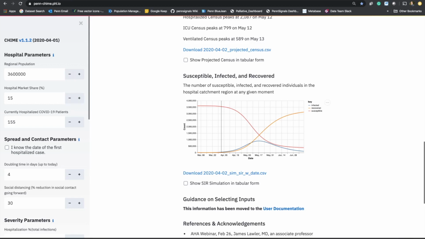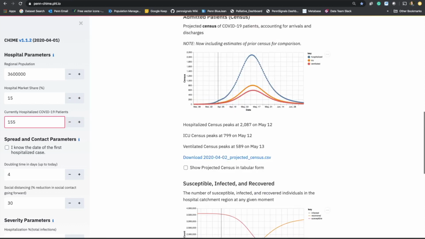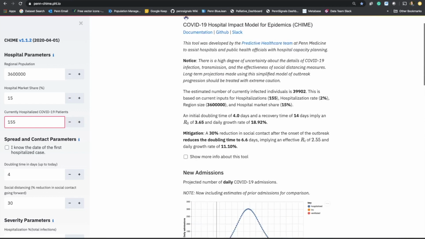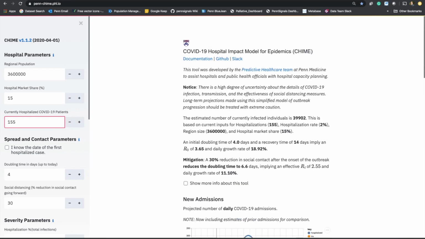So as I said, for us we're going to enter 15%, and then today I believe we're around 150 or so patients, COVID patients, that are admitted within our health system. So with these settings, you can define your primary scenario, and you've scaled the scenario to the health system of interest.